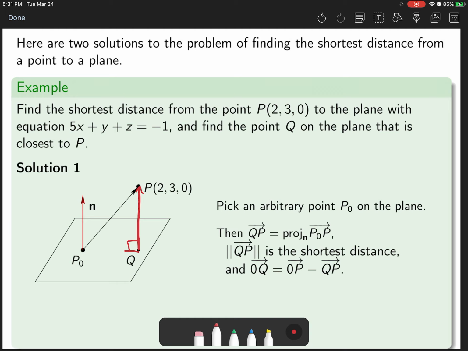And so one of the best ways to figure this out is to recognize that that vector that we want to find is actually parallel, the same vector really, as the projection of the vector P0P. So this vector that's at an angle, that one's going to be acting as our U in this context. We will be projecting that down onto the normal vector. So this piece will be kind of our U1.